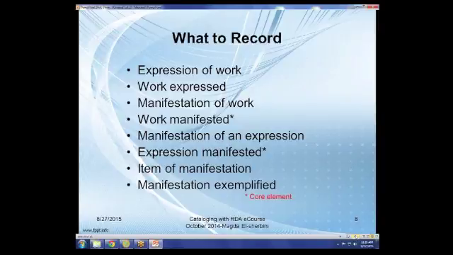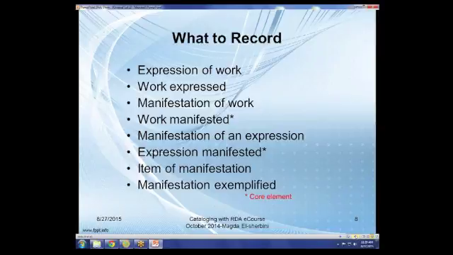So what are we trying to record in a MARC record? We are trying to record the work manifested, the core element. Okay, Moby Dick by Herman Melville, Romeo and Juliet by William Shakespeare. We're trying to record the expression of that work, perhaps as text, perhaps as a recording, perhaps as a recording of a performance or the recording of a person reading the text.